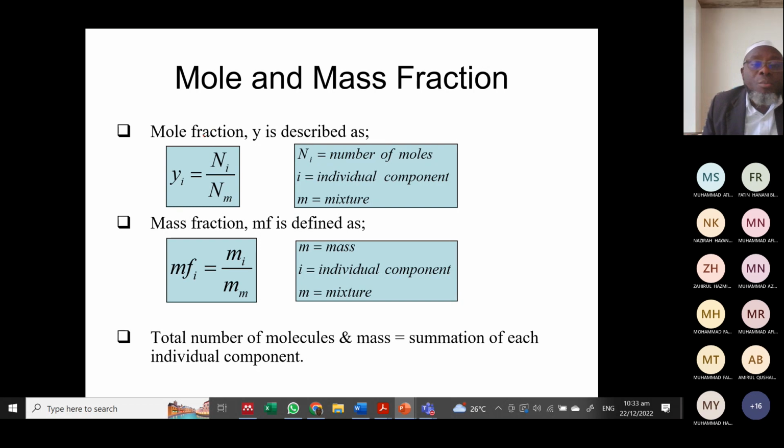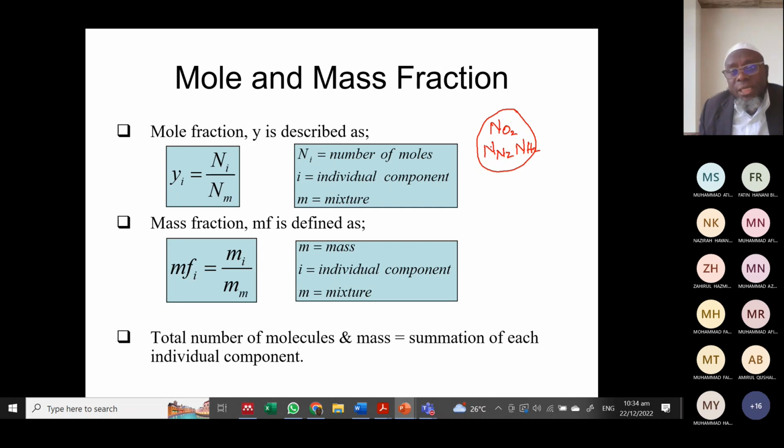For example, mole fraction. Mathematically, it is the number of moles of a particular species. For example, let's say in a particular thermodynamic system, I have the number of moles of oxygen as N_O, the number of moles of nitrogen as N_N, and the number of moles of hydrogen as N_H2.